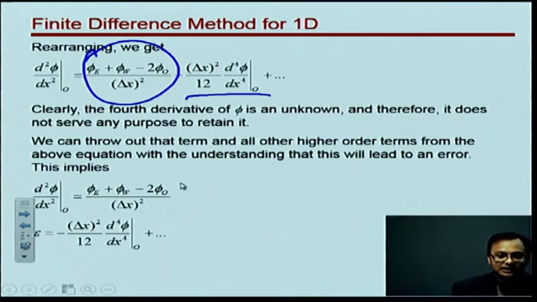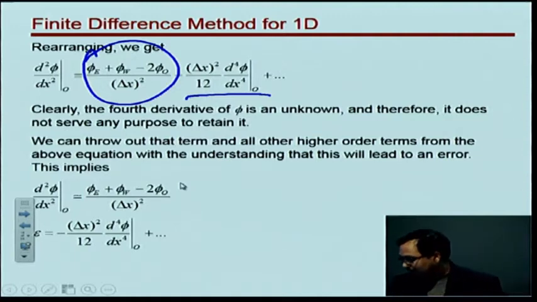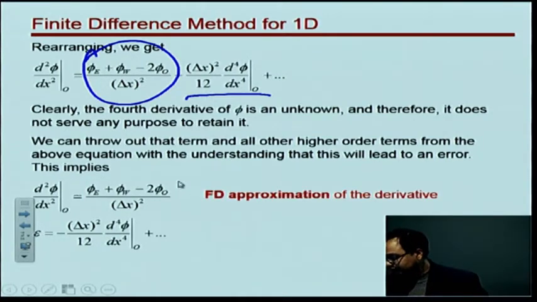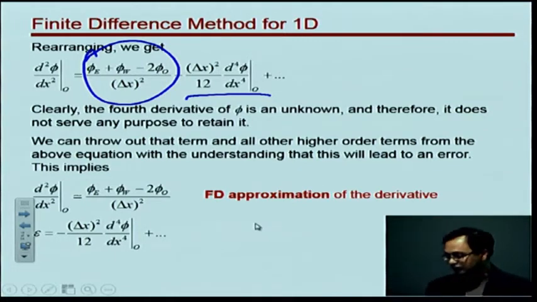All right, let's talk a little bit about this error. First of all, this is known as the finite difference approximation to the derivative, which is what we're trying to do. And then this is the error introduced by the finite difference approximation in converting the derivative to an algebraic equivalent.